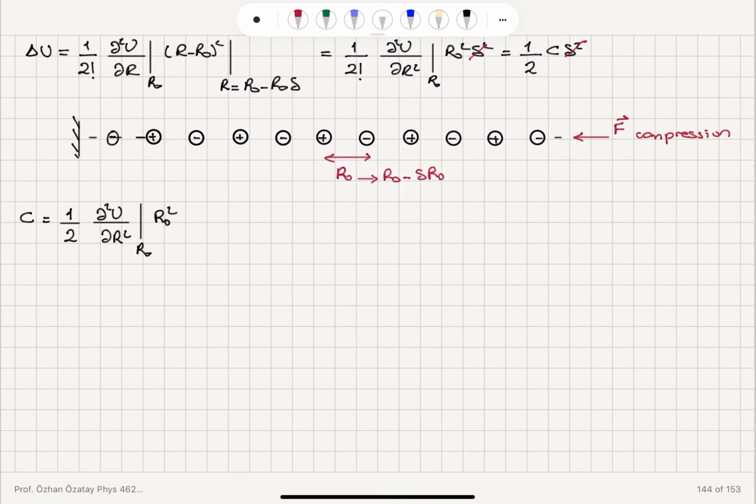So that's basically how we're going to find the expression for c.